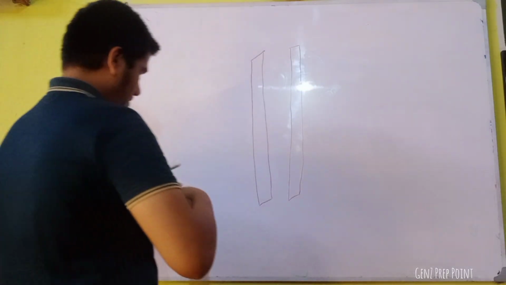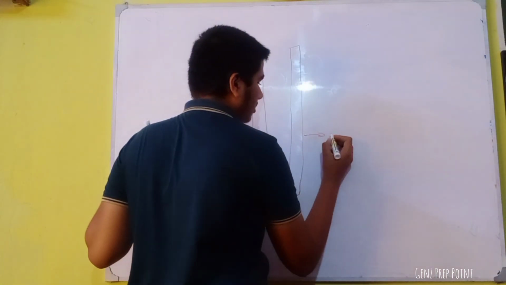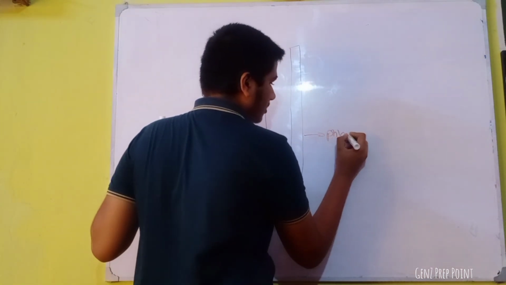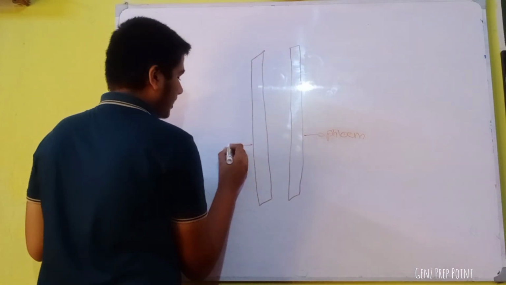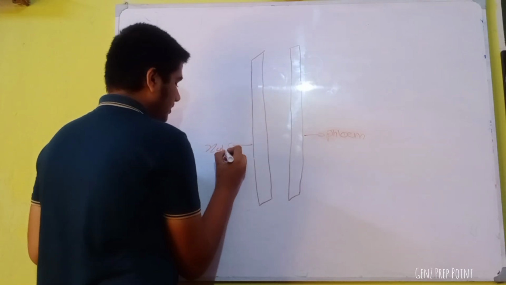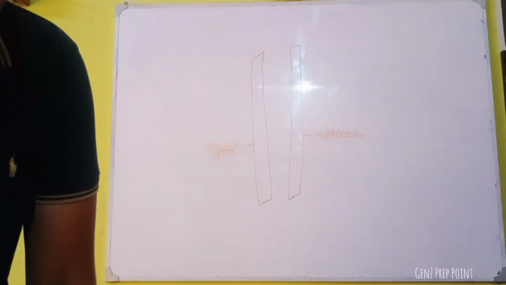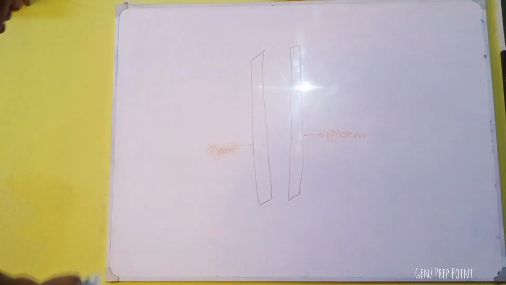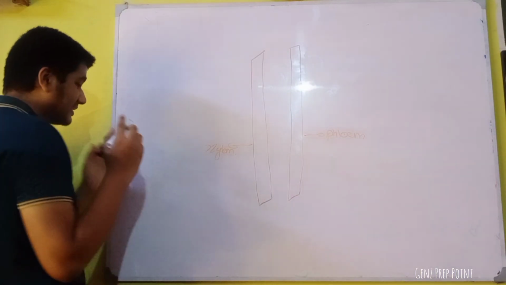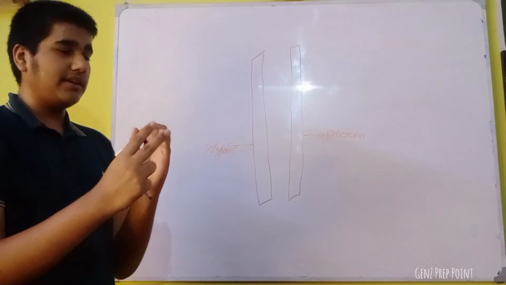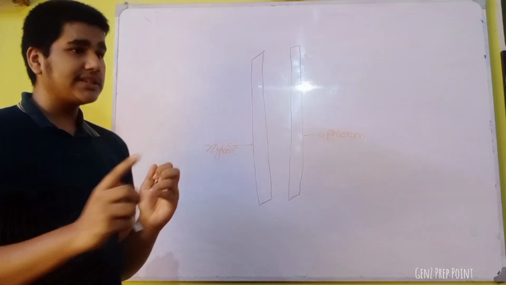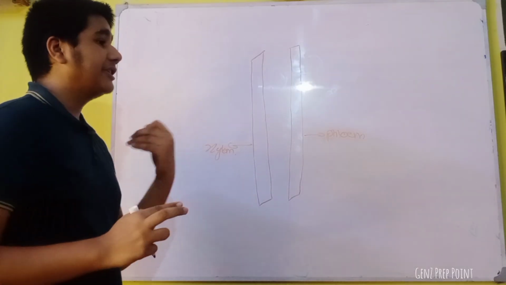This is phloem, and this is what is known as xylem. If we focus on this topic, the examiner can ask in two ways: first in MCQ, second in theory.